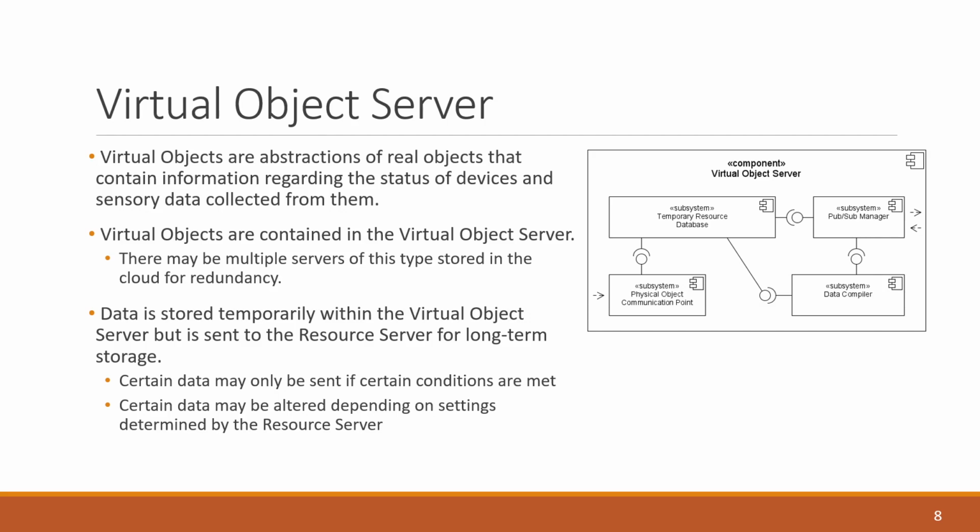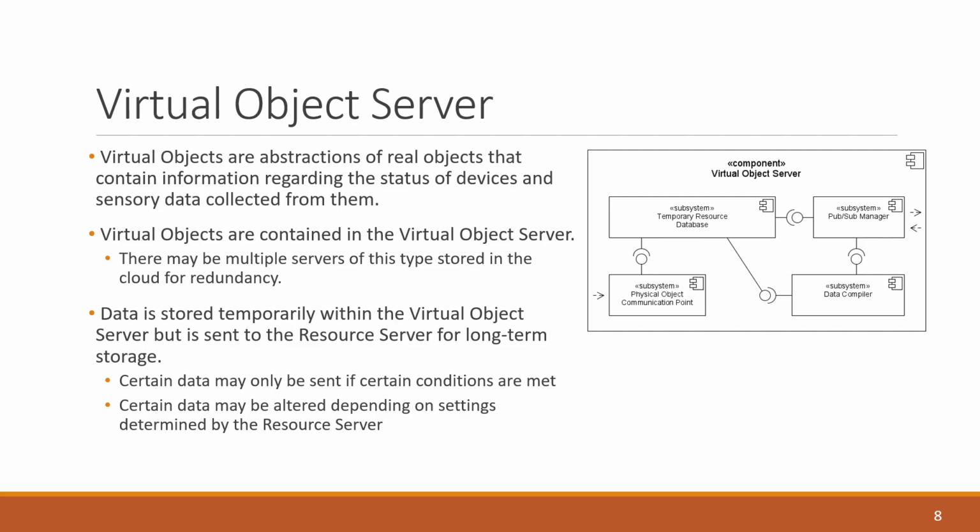There might be cases where multiple virtual object servers are working together, or there might just be one virtual object server that encompasses all possible objects. It depends on the particular setup, but in any case, regardless of whether there's only one virtual object server or multiple virtual object servers representing different types of objects, data is only stored here temporarily for all of them.